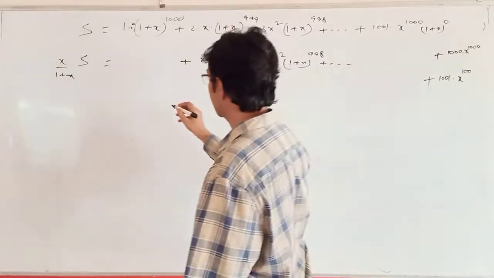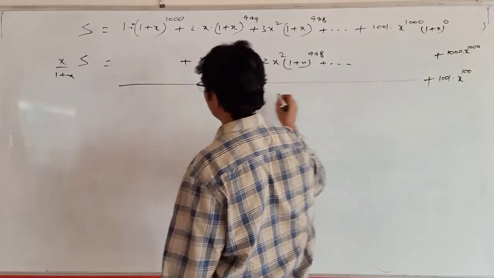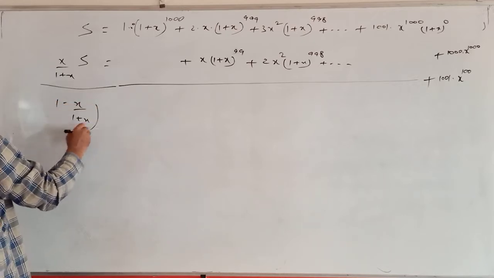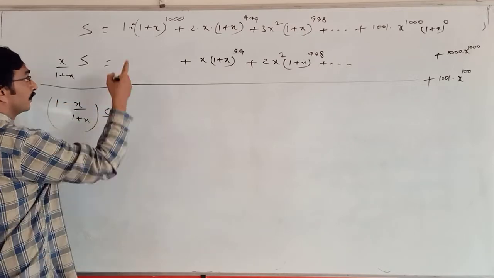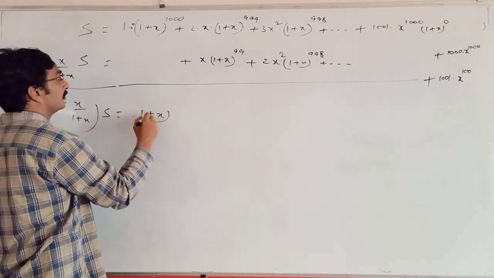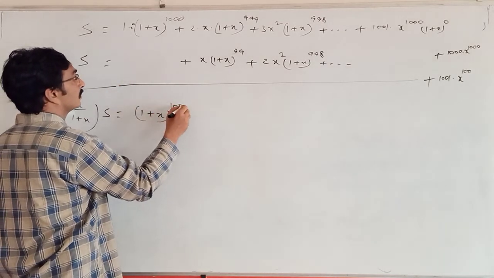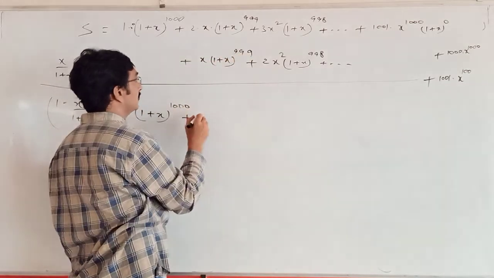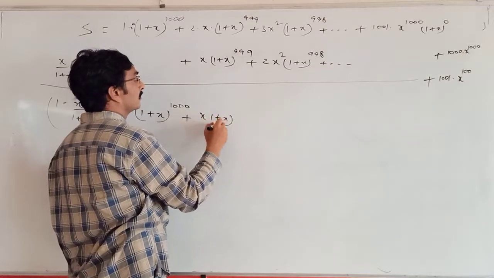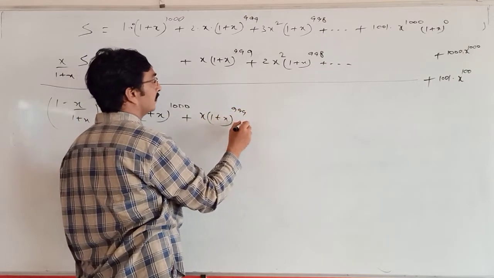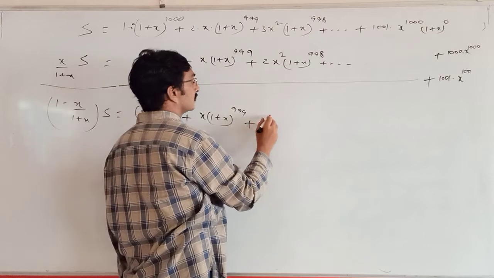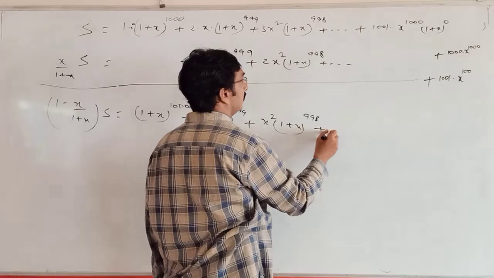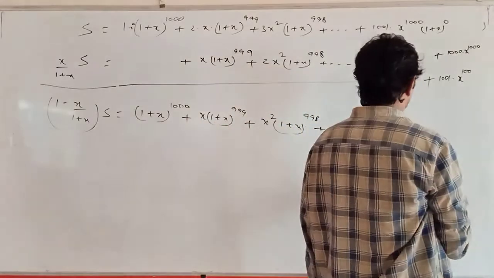So now subtract the first one from the second one: 1 minus x by 1 plus x into S equals the first term (1 plus x) whole power 1000, plus 2 times this one minus 1 time, meaning x into (1 plus x) whole power 999, 3 times minus 2 times, x squared into (1 plus x) whole power 998, and so on.